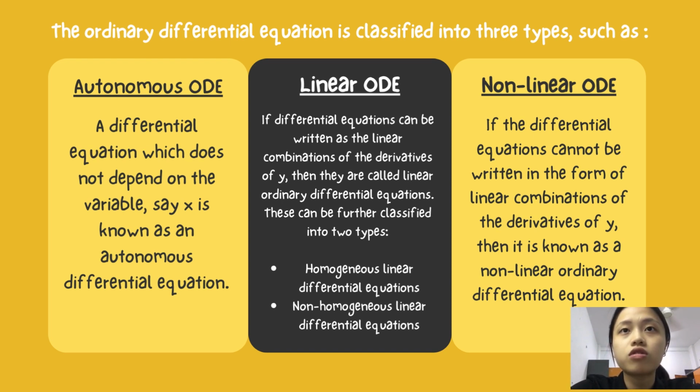The ordinary differential equation is classified into three types: autonomous ODE, linear ODE, and nonlinear ODE. An autonomous ODE is a differential equation which does not depend on the variable, say x. Next, linear ODE: if a differential equation can be written as a linear combination of the derivatives of y, then it is called a linear ordinary differential equation.